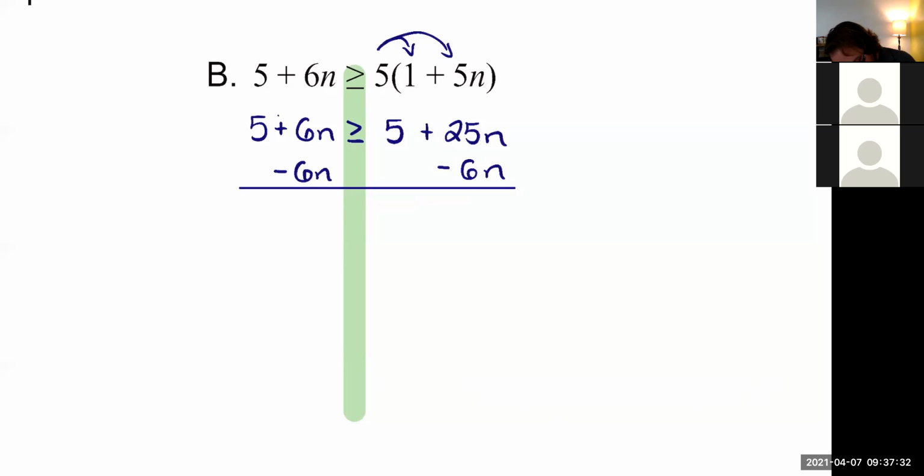So on the left, the 6n minus 6n will be gone. And all that leaves us with over there is that positive 5 that falls down. Greater than or equal to slides down as well. 5 on the right-hand side, we didn't mess with, comes down. And then we have 25n, take away 6n, which I believe gives us 19n.